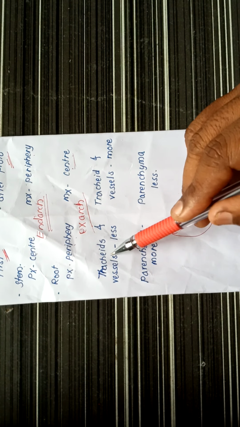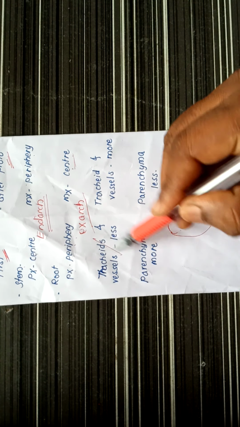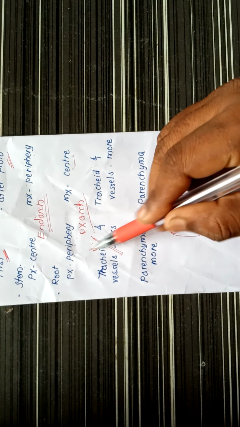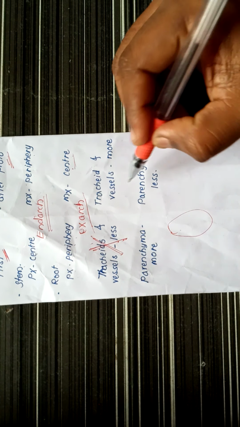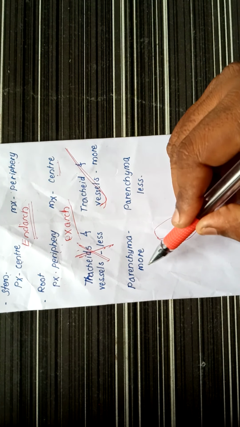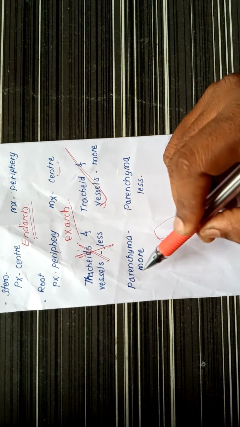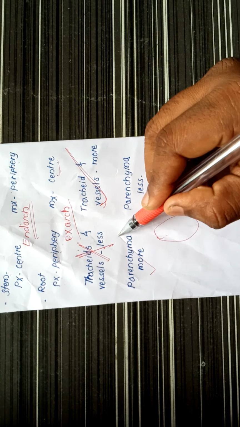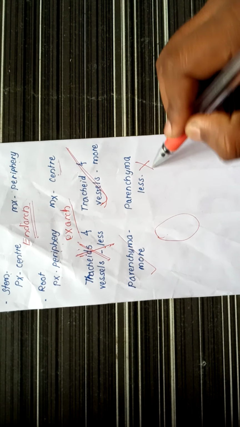In protoxylem, tracheids and vessels are present in less amount. In metaxylem, tracheids and vessels are present in large amount. In protoxylem, xylem parenchyma is more. In metaxylem, xylem parenchyma is present in less amount.